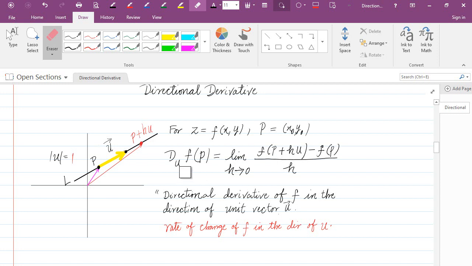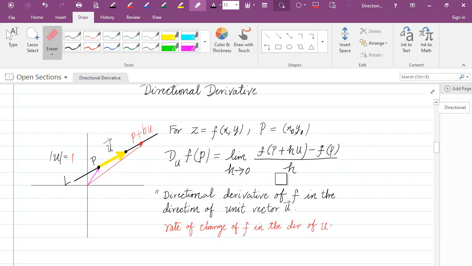We define the directional derivative of f in the direction of u at the point P to be the limit as h goes to 0 of f of P plus hu minus f of P, divided by h. So notice that if we change the input from P to P plus hu, then the change in the function f is given by this numerator.